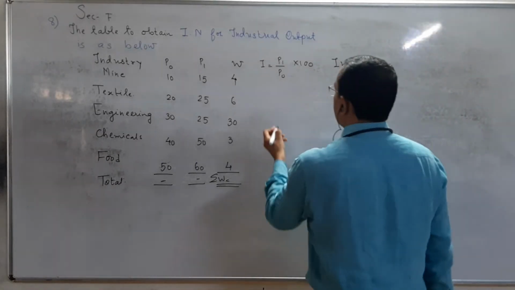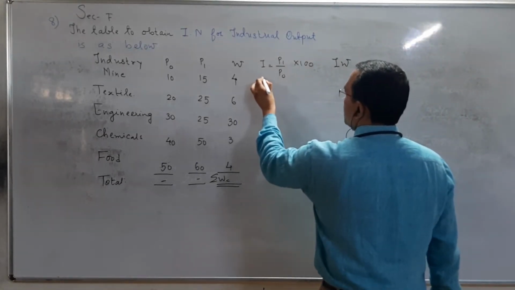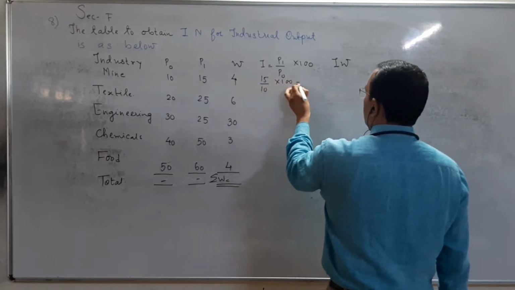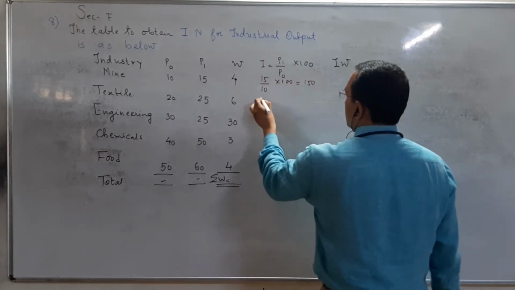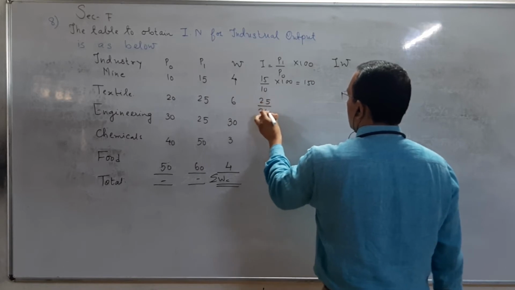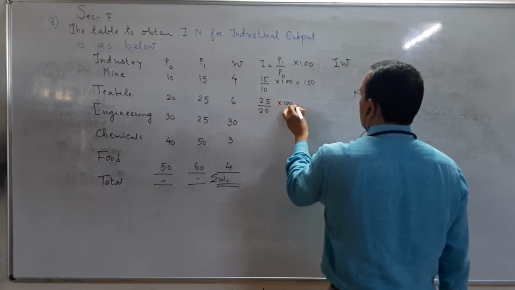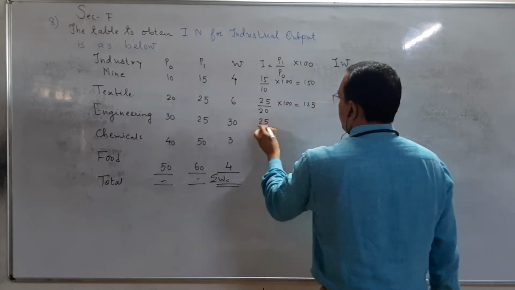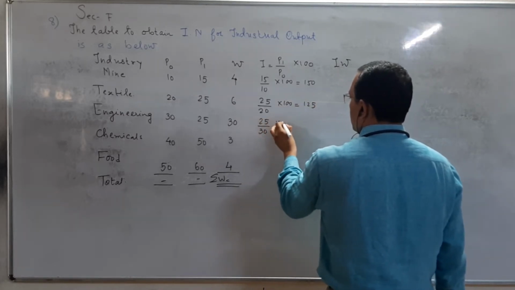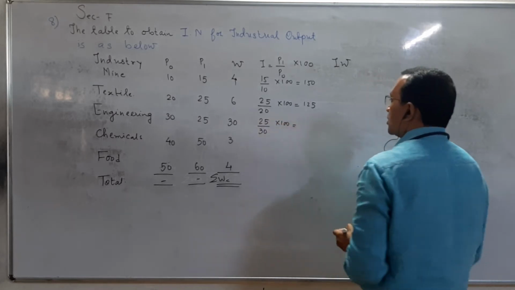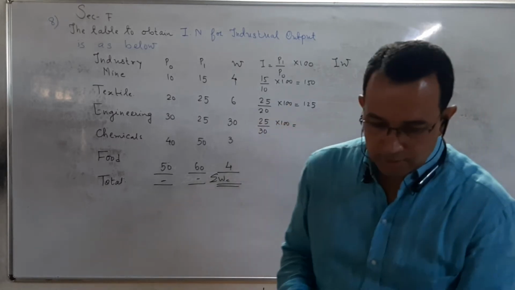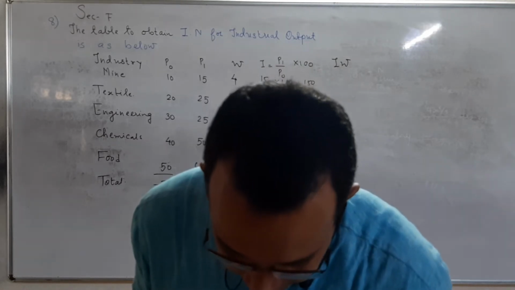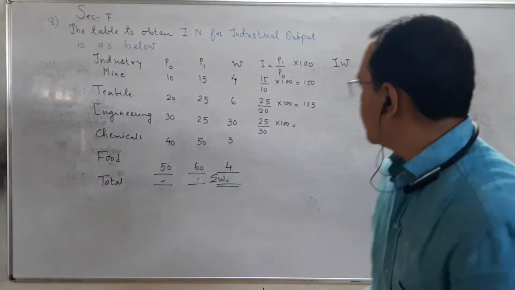Okay, so if I operate index number, then this will be 15 upon 10 into 100, so 150. 25 upon 20 into 100, so 125. 25 upon 30 into 100, so this comes out to be 250 by 3.